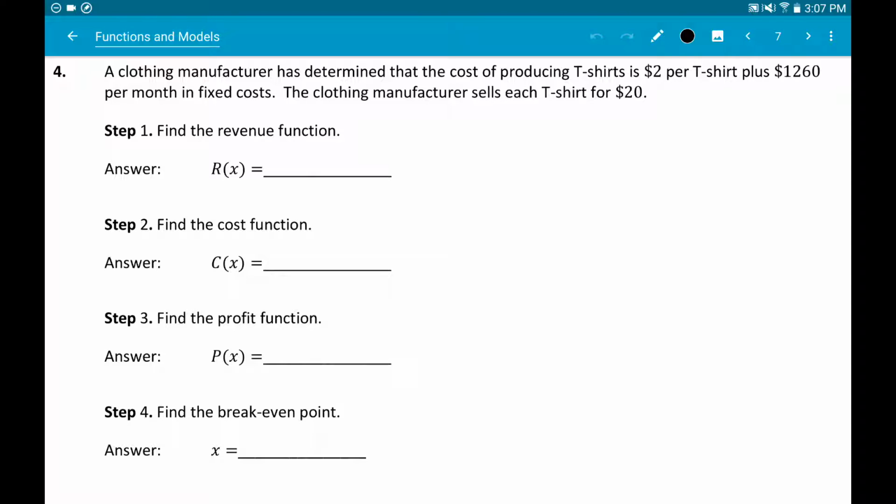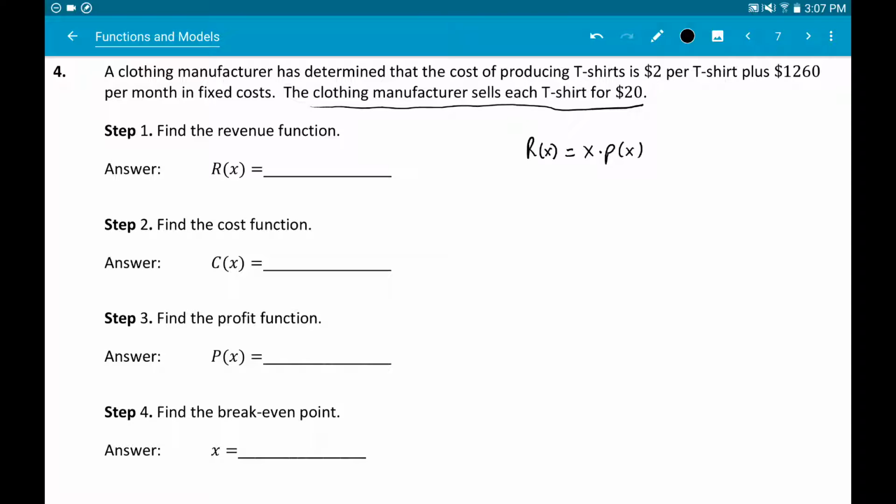So let's start with step 1, the revenue function. Remember, you've got a formula. Revenue is x times price. Do they give us a price function? Well, they don't give us the function, but they actually give us a price. That last sentence there, they're selling these t-shirts for $20.